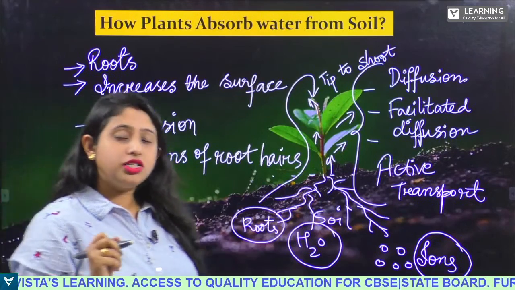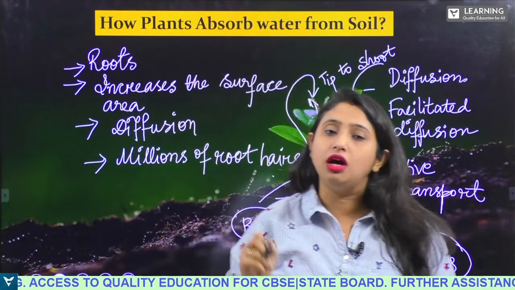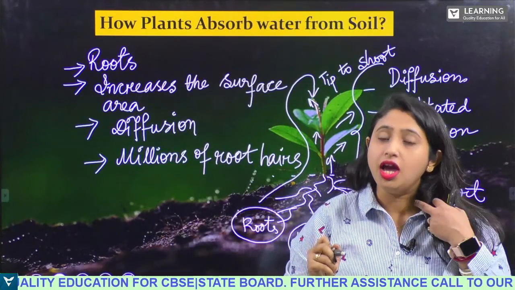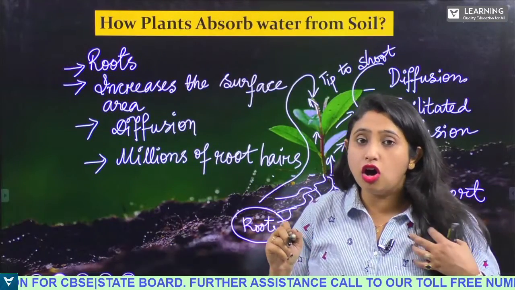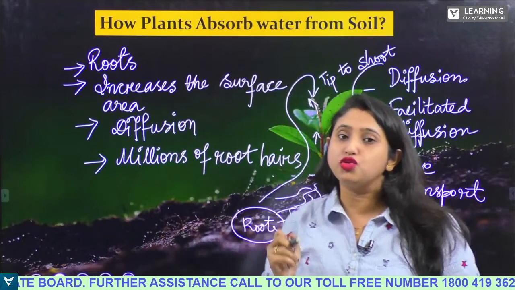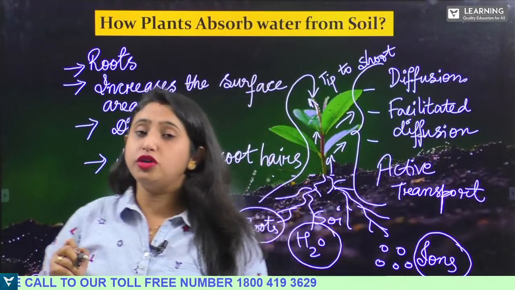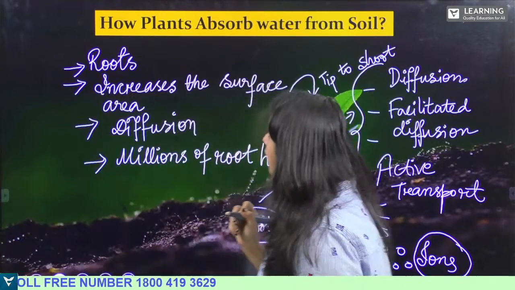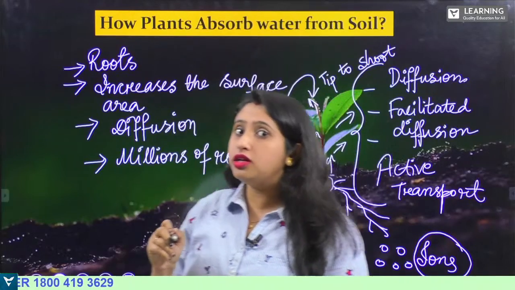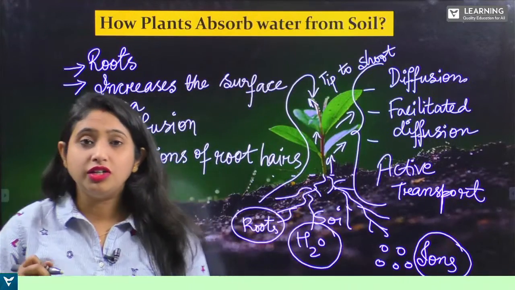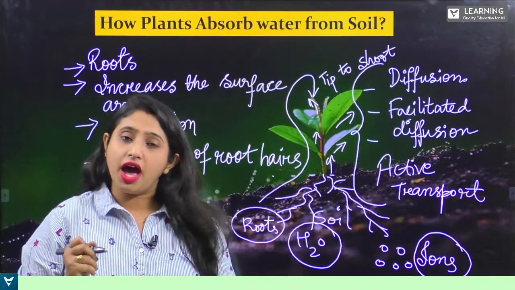For the long-distance transportation, diffusion alone is not enough. For the transportation, that is for the absorption of water and minerals, it requires the vascular tissues, that is the xylem and the phloem.